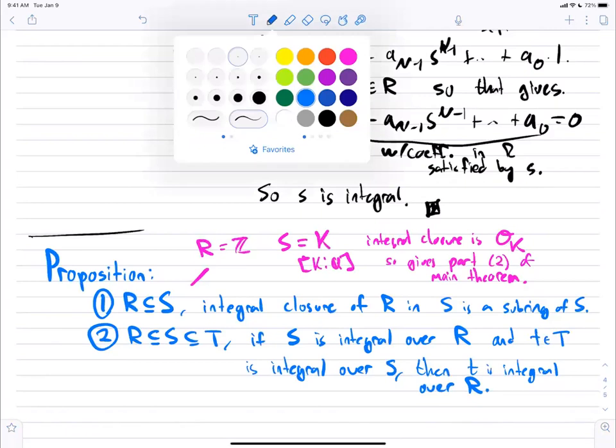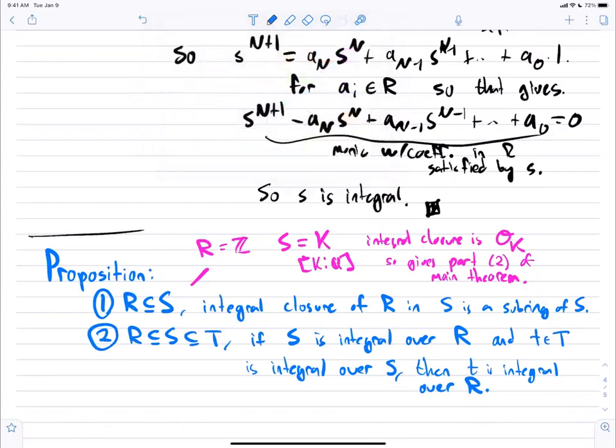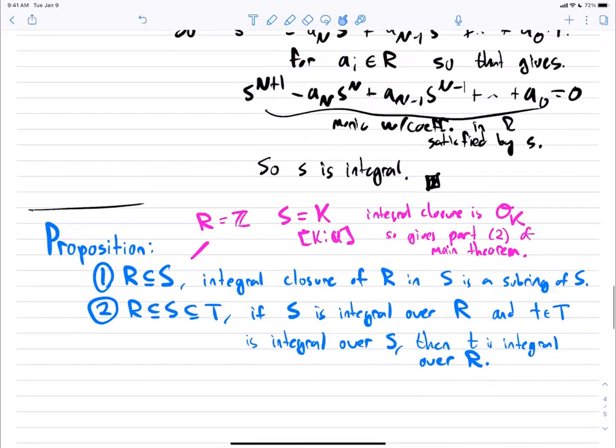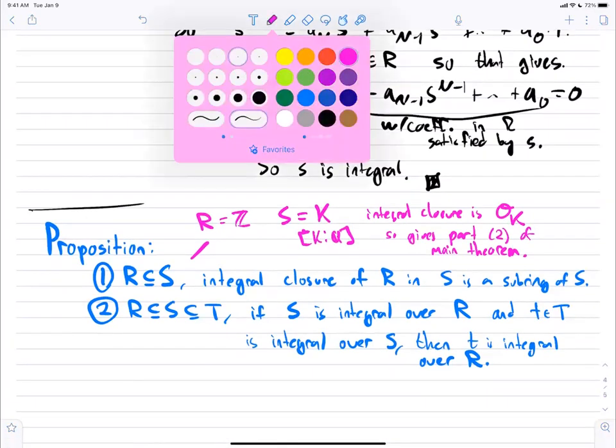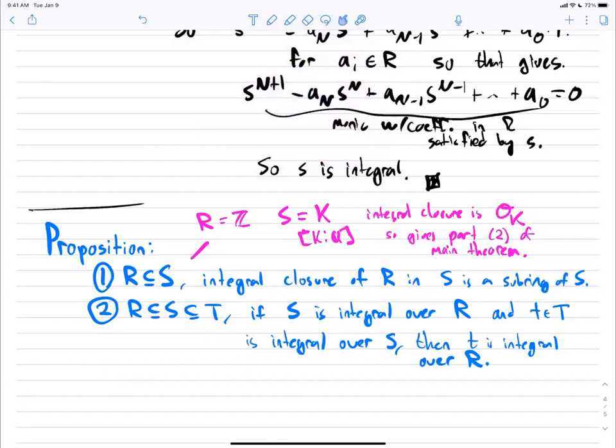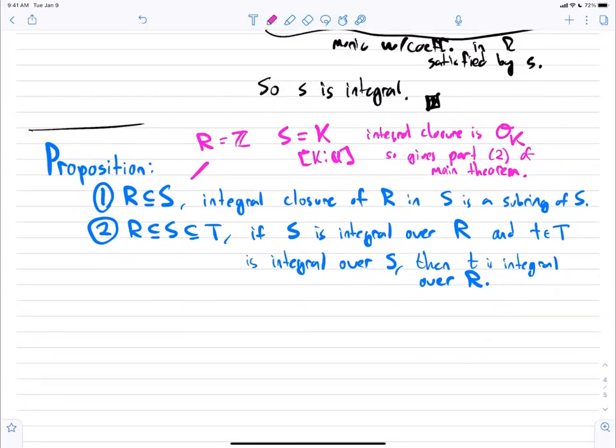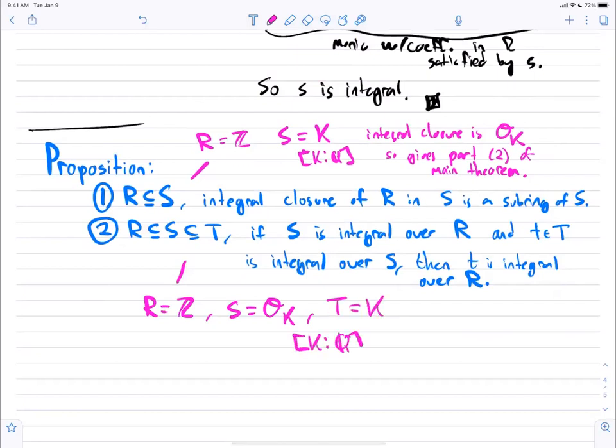Okay, so this is going to give part 3 of the theorem, which said that O_K was integrally closed. Let me do that. So if R is equal to Z, S is equal to O_K, and then T is equal to K. So again, we have K over Q, my extension.